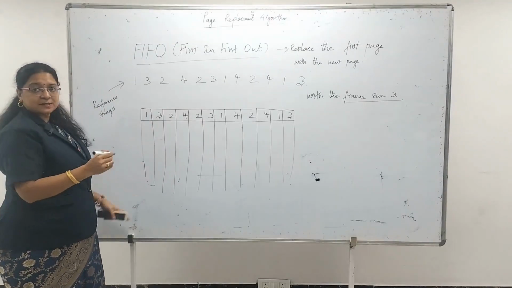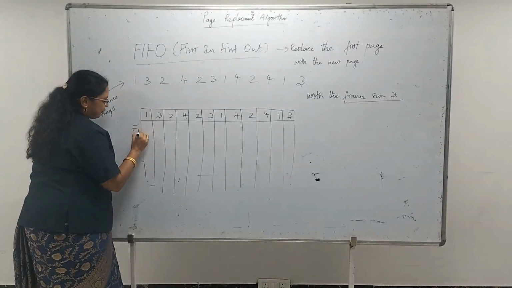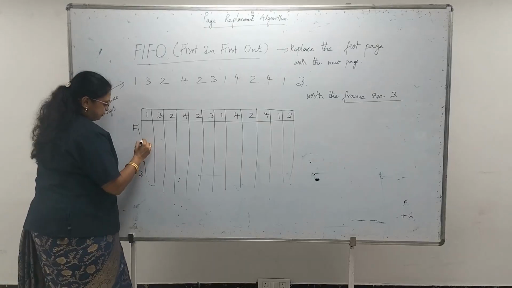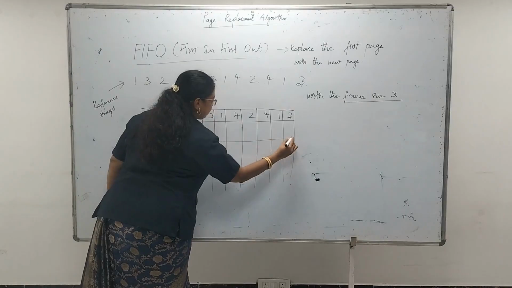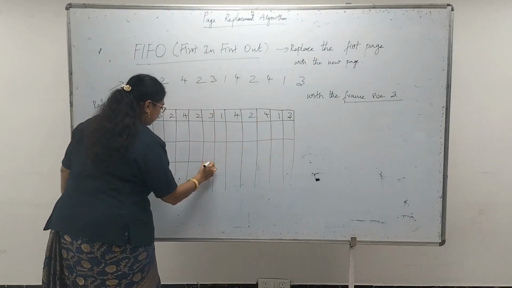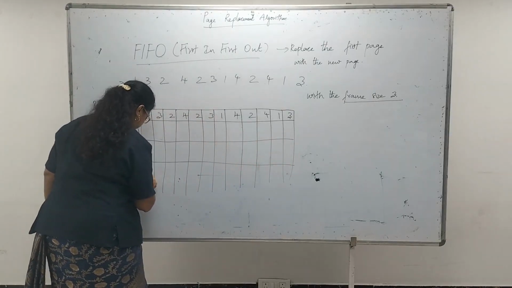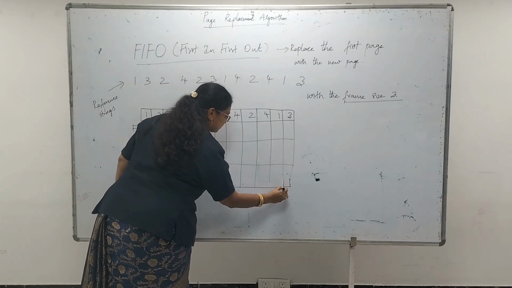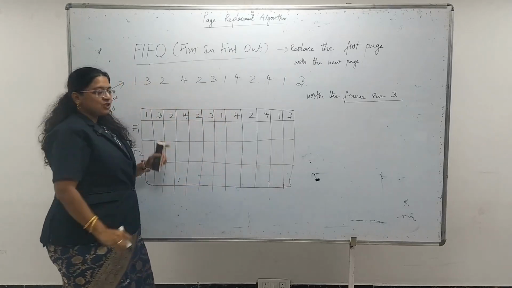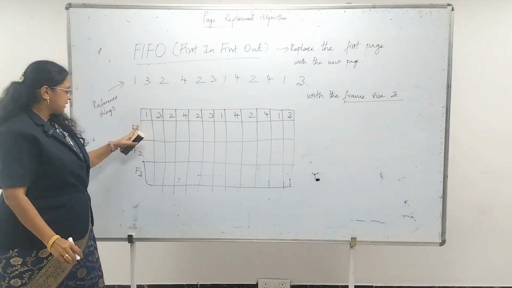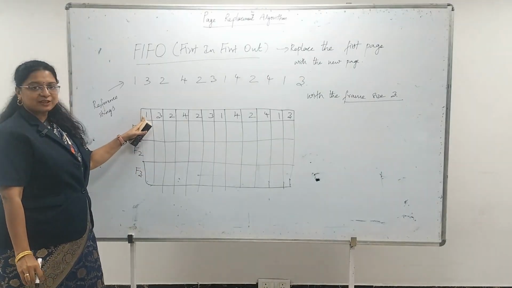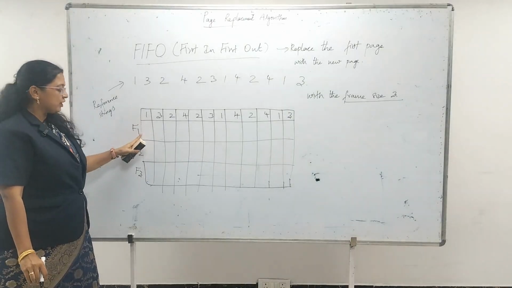Now your frame size is 3, that is F1, F2, F3. Initially each frame is empty. Now you insert each page of the reference string into the frame.